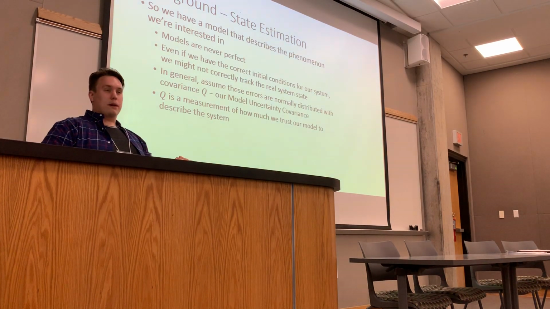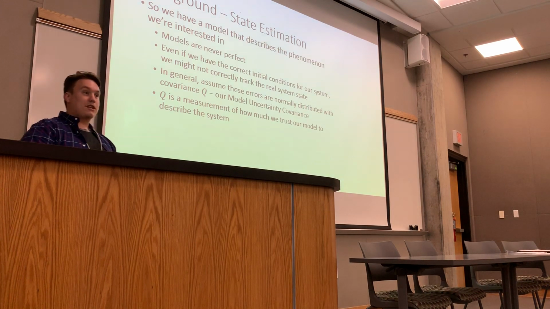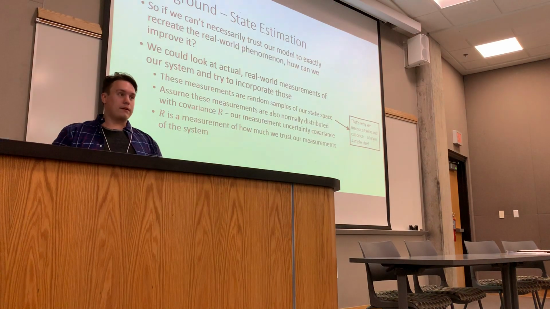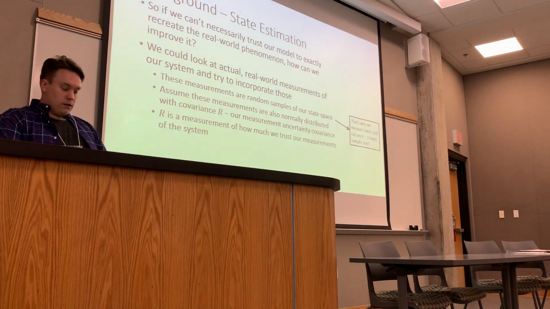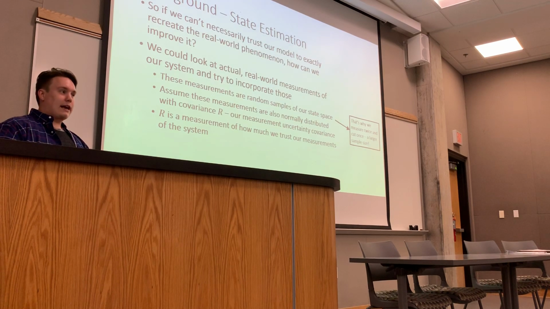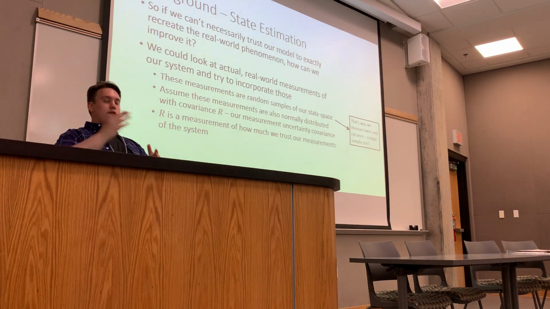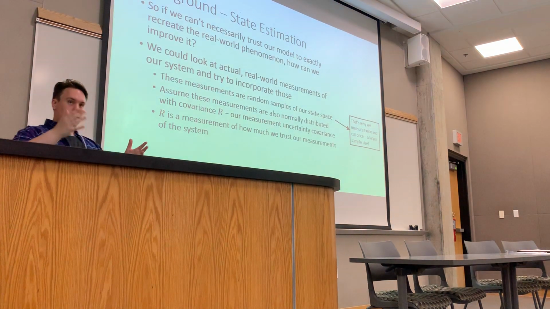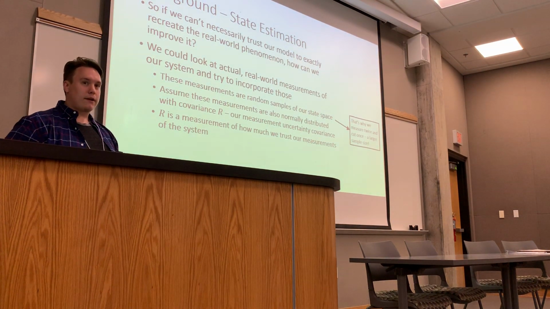So one way that we can improve what our model says is to actually look at a heart cell and see what it does. So we can take a measurement. But real-world measurements are also never entirely accurate. That's why there's the old adage, measure twice, cut once. You're taking another sample of the same random quantity, essentially.